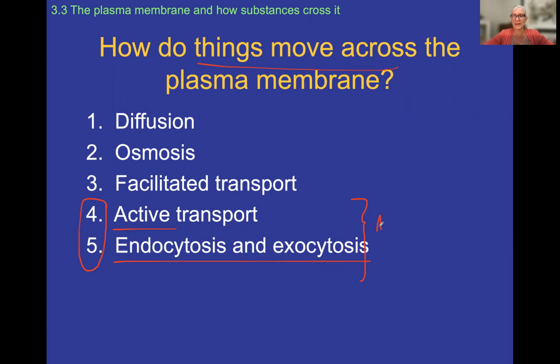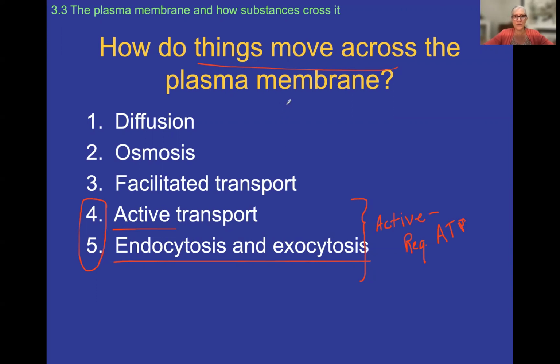So they are active membrane processes. All right, so that's 4 and 5: active transport, endocytosis, exocytosis in the different forms. They require energy. So active processes require energy, and we're going to say that it's requiring energy in the form of ATP. All right, active, need the high energy molecule called ATP.